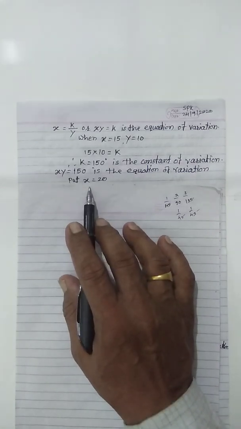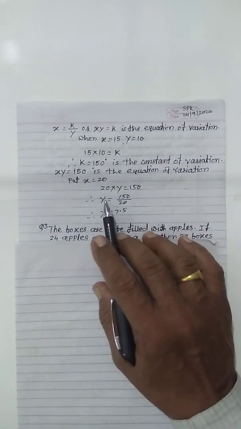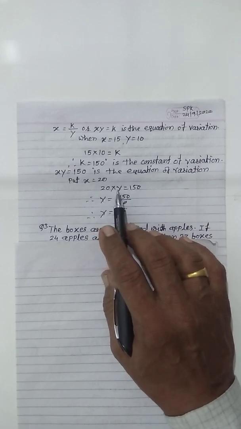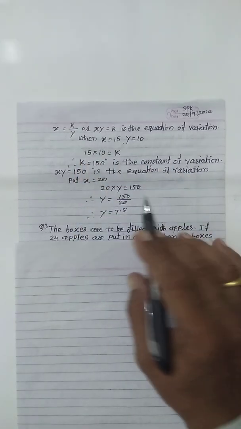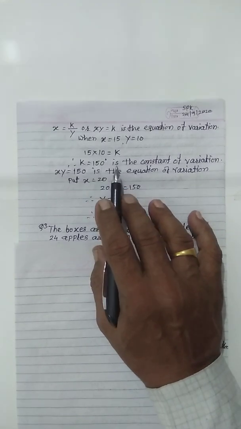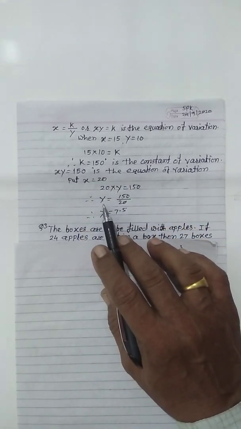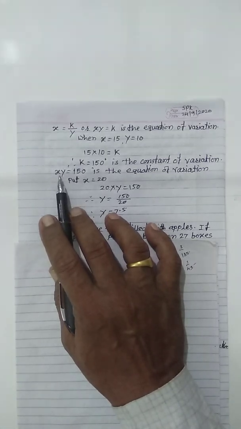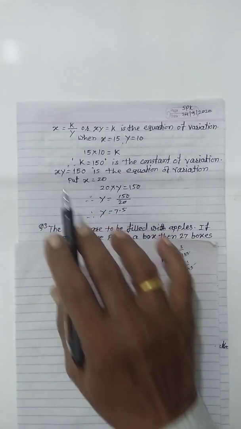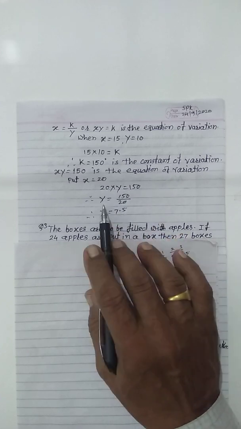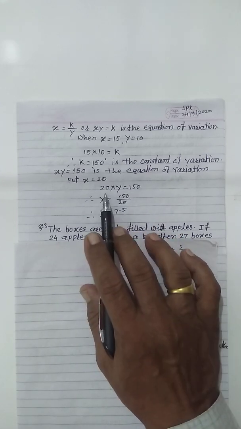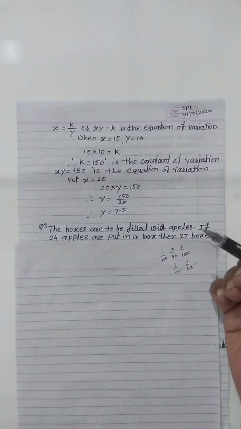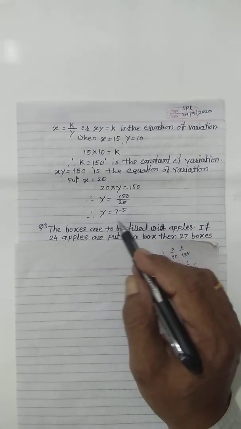Then put x equal to 20, then we get 20 into y equal to 150. Now this is the equation of variation. 20 into y equal to 150, y equal to 150 upon 20, y equal to 7.5. In this way we find the value of y.